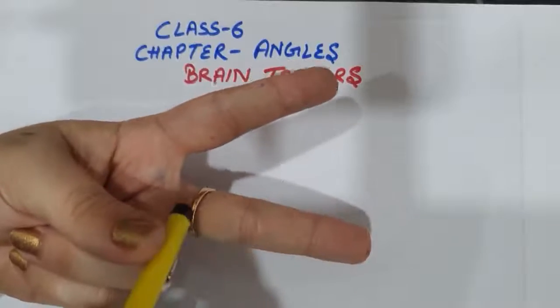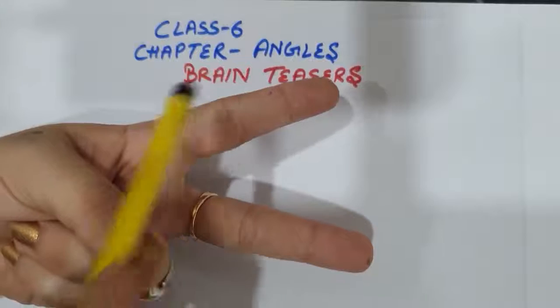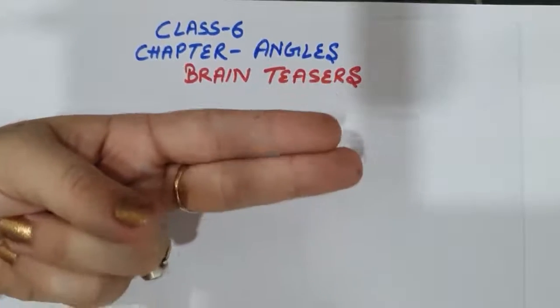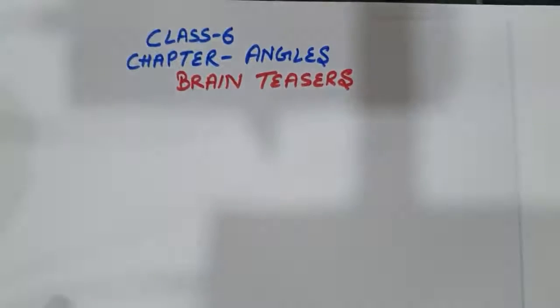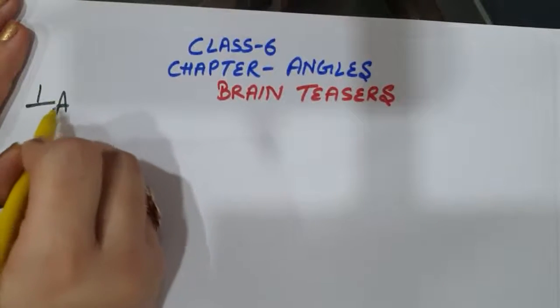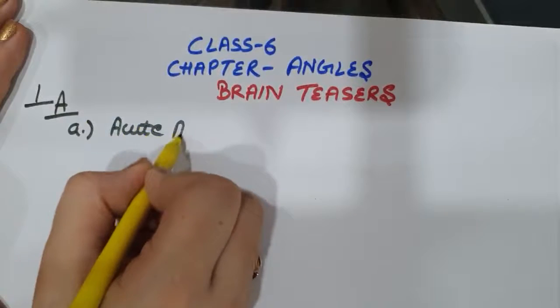I can see the angle is not completely 90 degrees. It is less than 90 degrees. So the angle which is less than 90 degrees is an acute angle. So question number 1, A part, answer is acute angle.